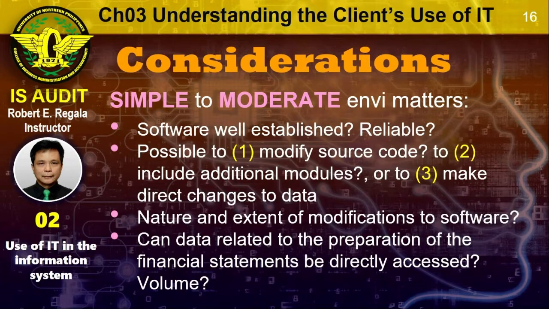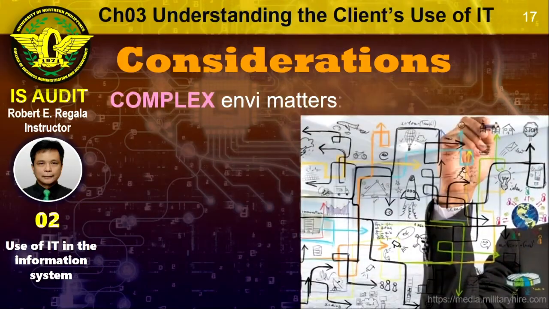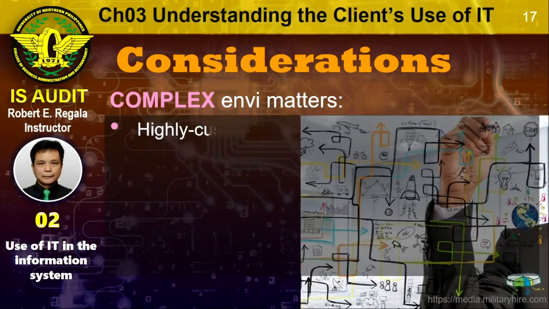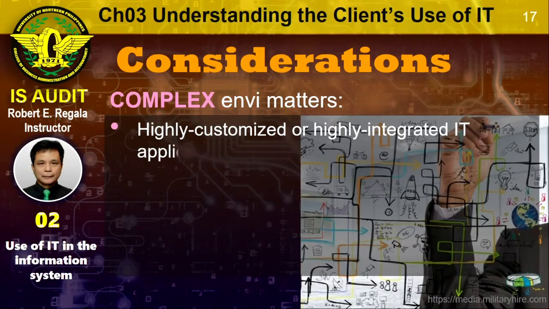The greater the volume of data, the more likely the entity may need controls that address maintaining the integrity of the data, which may include general IT controls over unauthorized access and changes to the data. Complex environments may include highly customized or highly integrated applications, and may therefore require more effort to understand.